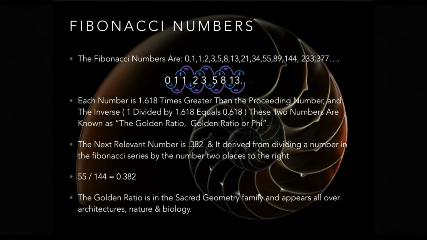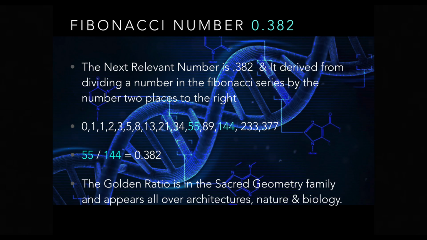The next number in the Fibonacci world is 0.382. That number is derived from dividing a number in the series by the number two places to the right.